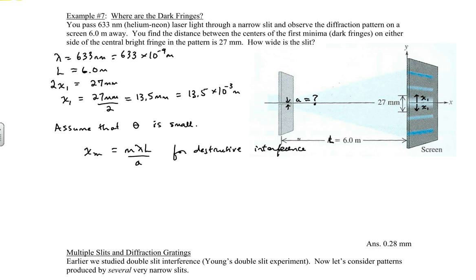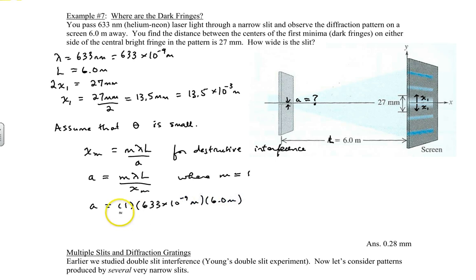And we're going to be solving for a, so let's rewrite that expression as a equals m lambda L all over x sub m, where we're looking at the first order fringe, so m is equal to 1. So a equals 1 times 633 times 10 to the power negative 9 meters. L is 6 meters. And x sub 1 is 13.5 times 10 to the power negative 3 meters.